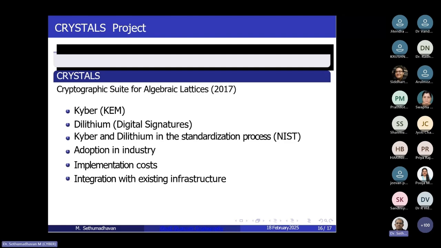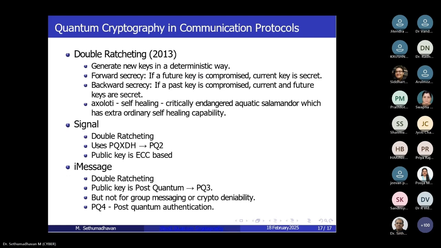That is 100% sure. People will not be using RSA or anything. Why? Because people are expecting that a quantum computer will come, and they cannot change quickly. It requires 5-6 years for transitioning or adapting the industry.